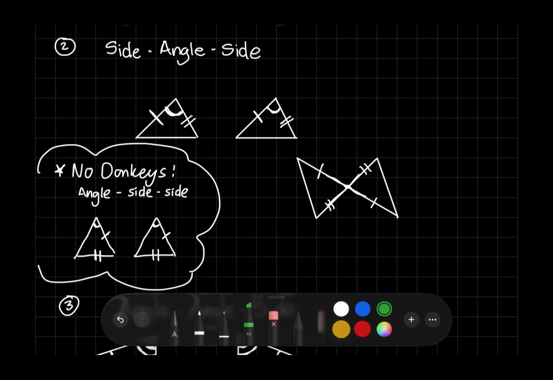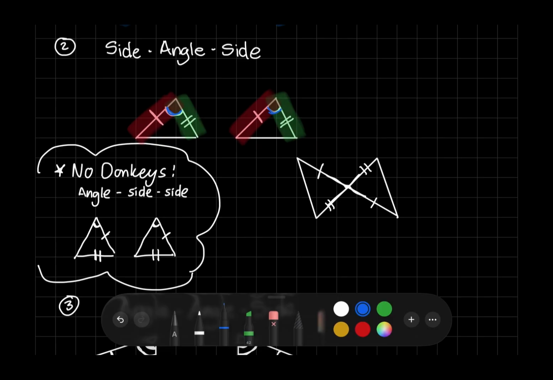Let's see one with a side angle side example. Okay? Now I'm dealing with kitten whiskers and rainbows here. Here is one kitten whisker that lines up with this kitten whisker here. Here is my second kitten whisker, and there are 2 kitten whiskers here as well. Now let me look at my rainbow. I have one rainbow here.